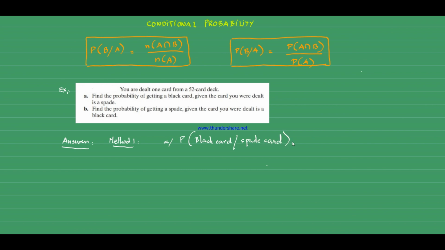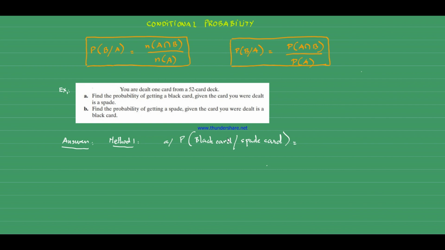So we need to find the cardinality of the intersection between the two events right here, black and spade. Totally we have 26 black cards, but in the spades we have only 13.